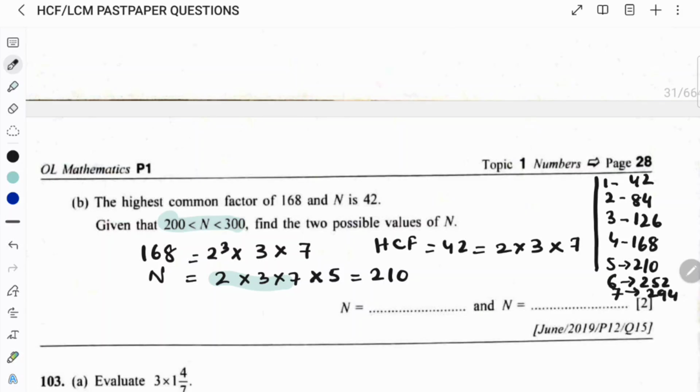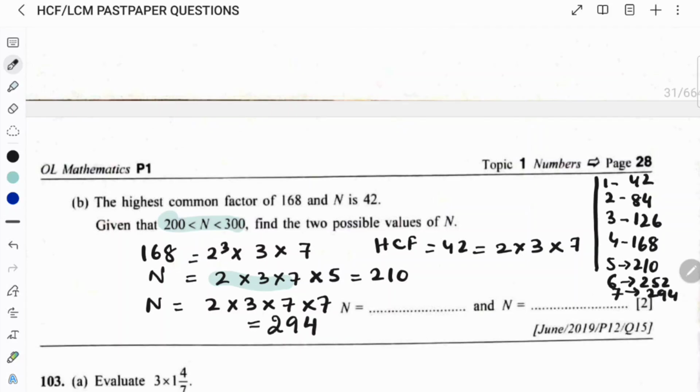Okay, so n can be 42 times 7. What is 42? 2 into 3 into 7, one more 7. If I multiply, then it will become 2 into 3 into 7 square, that is equals to 294.